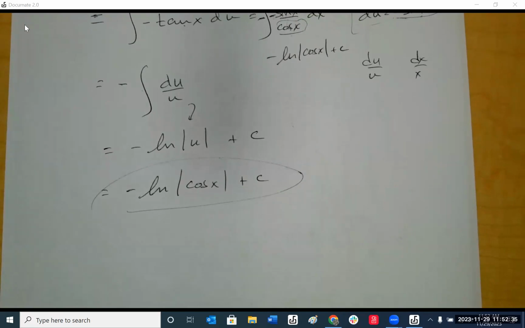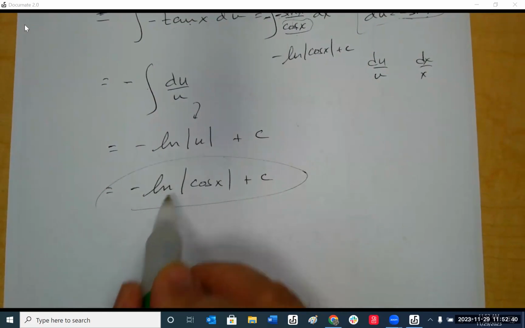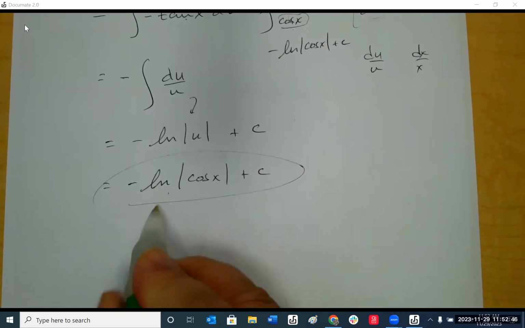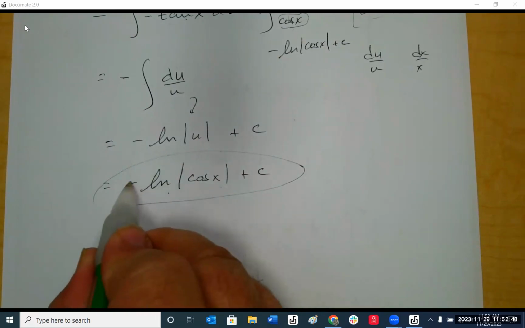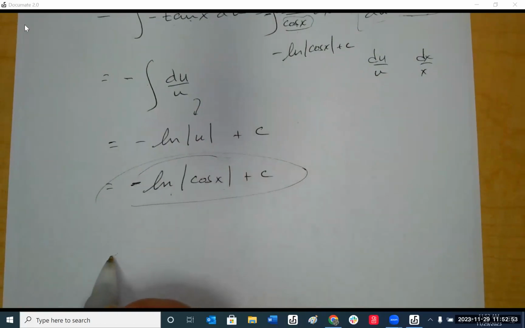Now, you may wonder, if you look at the answer sheet that you have, what they did here is a logarithmic property: any coefficient becomes an exponent.